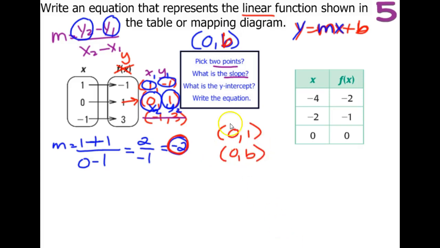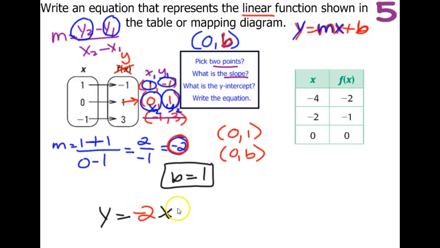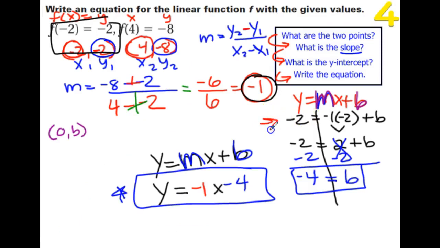We don't even have to solve anything. We know b is 1. So our equation is just y equals m, which is -2x, plus b, plus 1. That was a shortcut way instead of plugging it in like we did here, x and y, and solving.